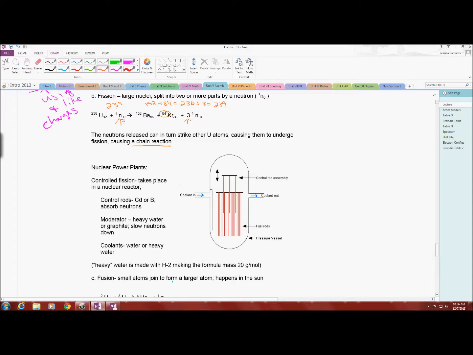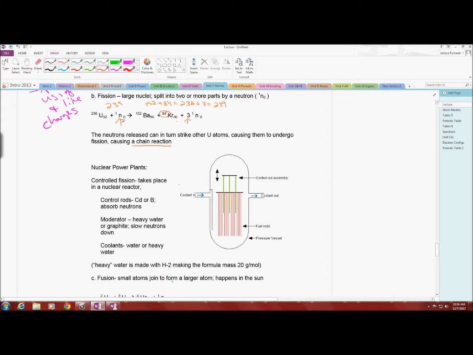So once we start this fission reaction, it's expensive to get it started, but once we start it, it keeps going all by itself. If we let this go uncontrolled, it will create more and more energy until the neutrons are going so fast that they don't get absorbed by the uranium nuclei anymore, and then the reaction stops.